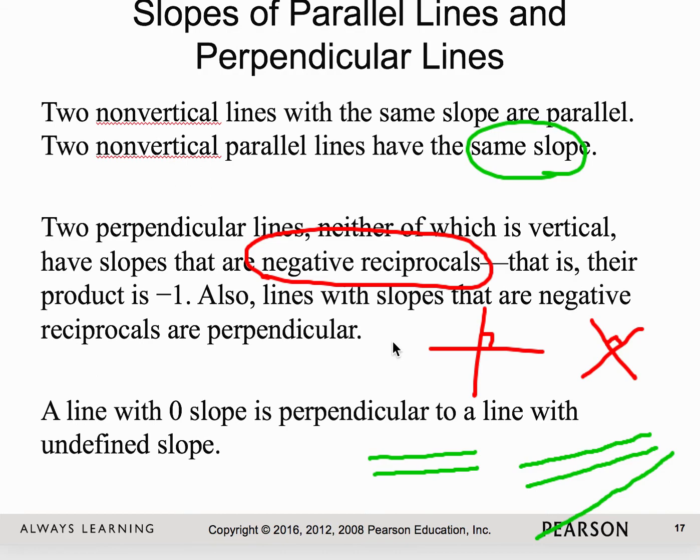It's when you flip the fraction upside down. So if one of your slopes is positive 2/3, and the slope of the other line is negative 3/2, those lines will be perpendicular. Okay, parallel lines have the same slope. Perpendicular lines have slopes that are negative reciprocals, complete opposites of each other.